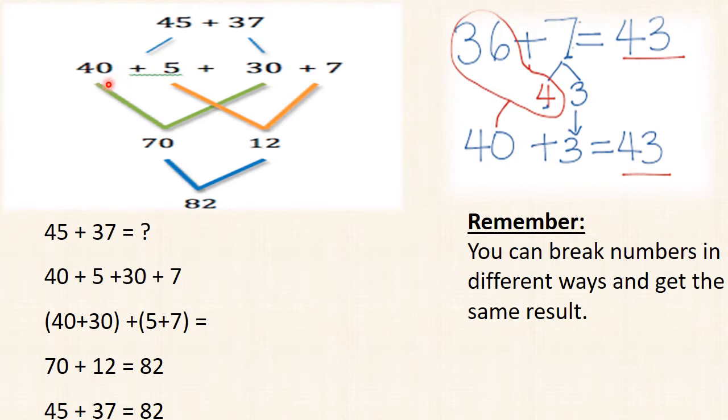So I am adding 40 and 30, which is 70, and 5 and 7, which is 12. Again you add 70 and 12, which is 82. So basically in this method we do not add the two numbers directly, but instead we break the numbers and add them separately, and you will get the same answer.